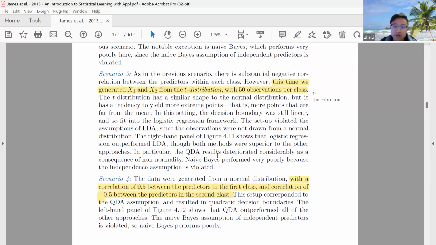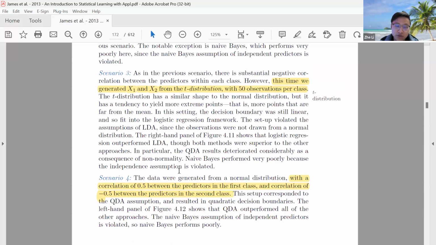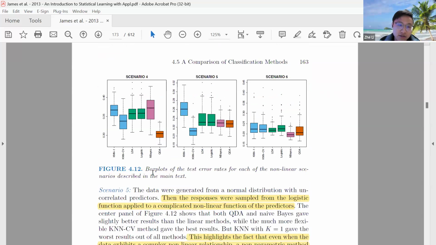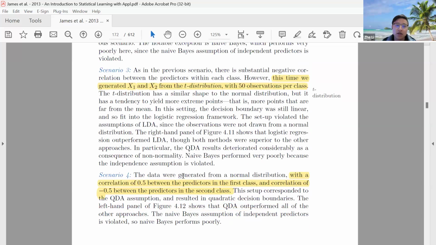From the first 3 settings, we move into the last 3 scenarios, where the underlying decision boundary is non-linear. In scenario 4, we still assume a normal distribution, but there is some correlation between predictors, and the correlation is different across the two classes.